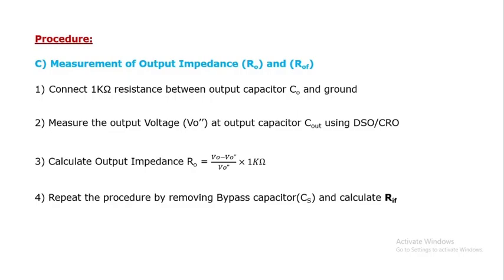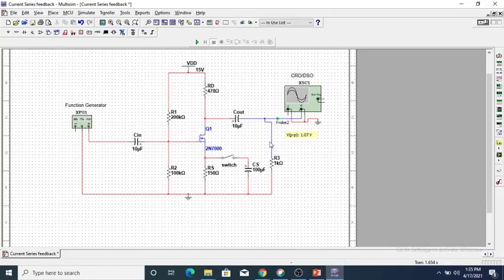Now I will simulate this in the Multisim software. So this R3, that is 1K, is connected between Cout and ground, or you can say it is connected parallel to the output or across the output. Close the switch and run the simulation. This V peak to peak is 1.81 volt.